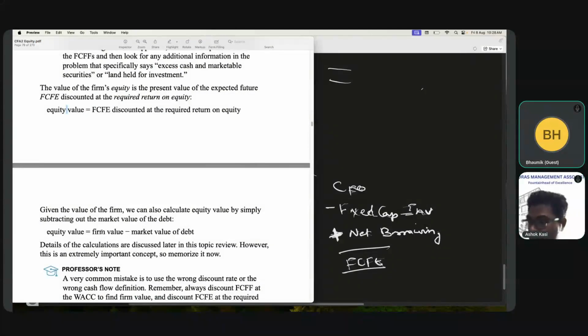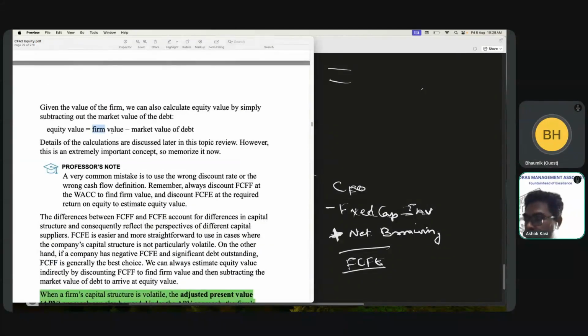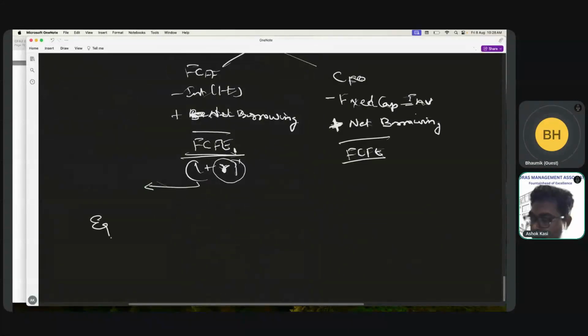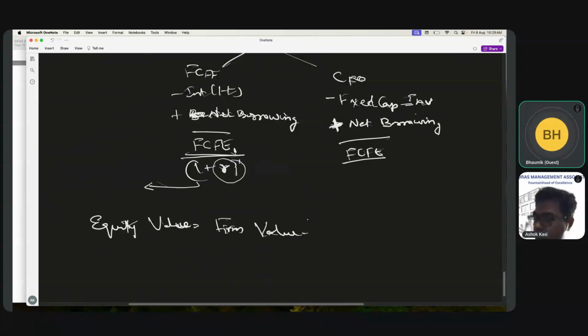Then another formula is equity value equals firm value minus market value of debt.